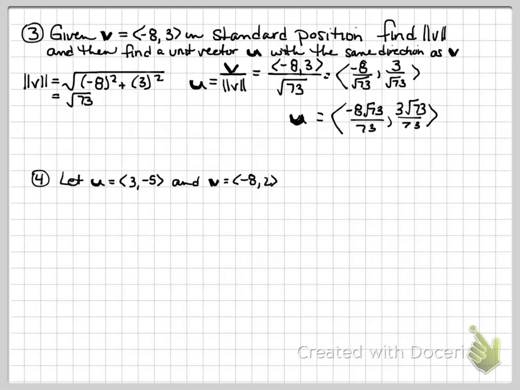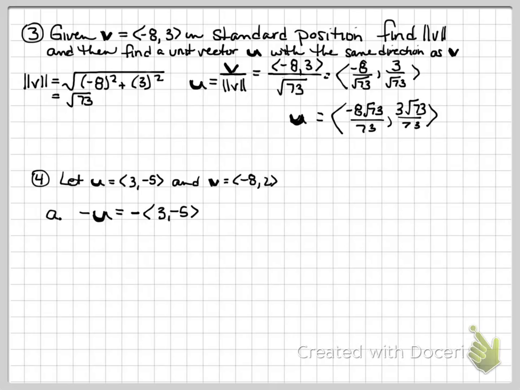Okay? Let's move on to number 4. Now number 4 has different parts, so I'm going to do each of the different parts separately. So part A says, I want to find negative vector u, meaning I want to go in the opposite direction of where it's going now. So all I have to do is take the negative of my components.